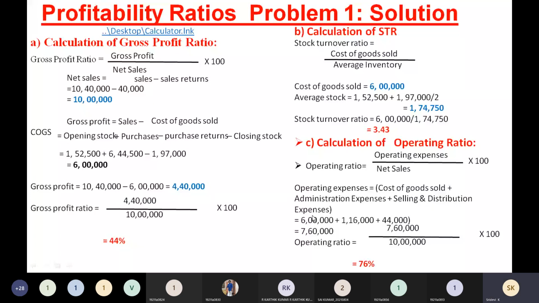So these are the two profitability ratios: one is the gross profit ratio and the other is the operating ratio. Because the stock turnover ratio was mentioned in the problem, we have calculated that also. Any doubts in understanding this?